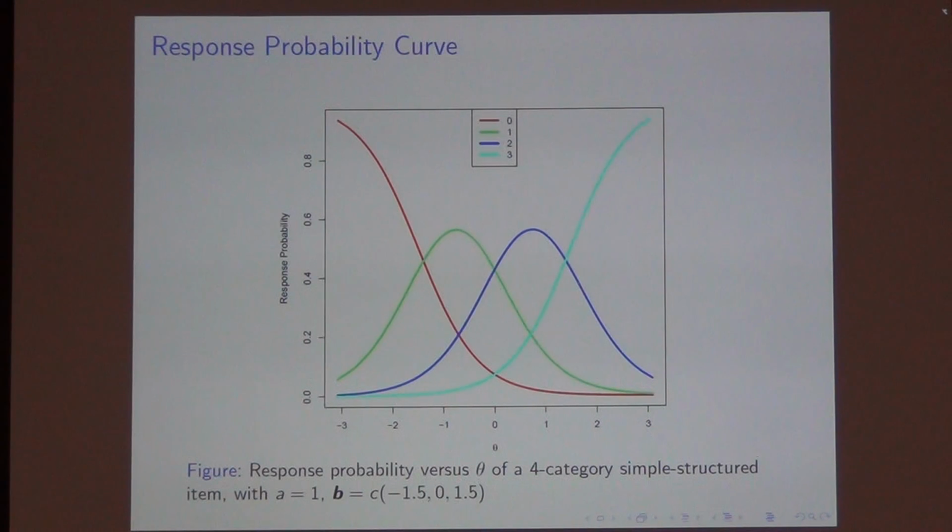So simple structure means that the response is related to only one dimension of theta, and the x-axis is that dimension. So in other words, only one element of A is non-zero. So you can see that if item parameters are known, depending on the value of response, we can tell which interval theta would be more likely to fall onto, and we can have a maximum likelihood estimator.